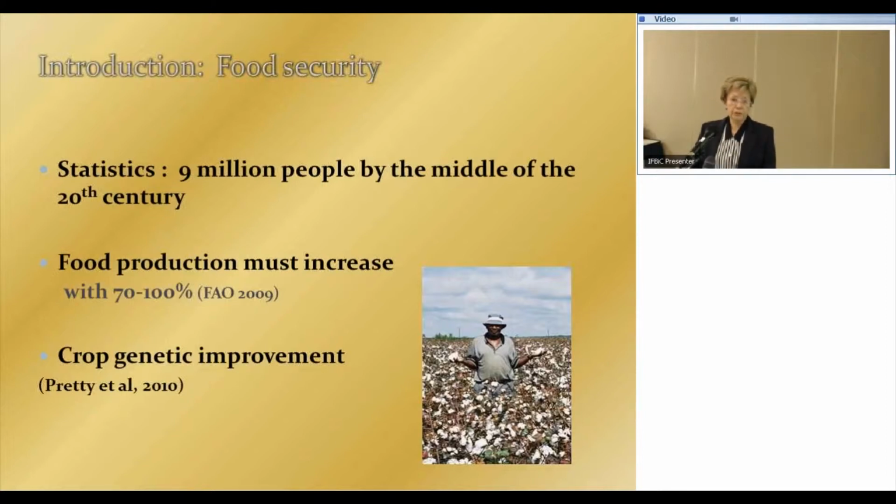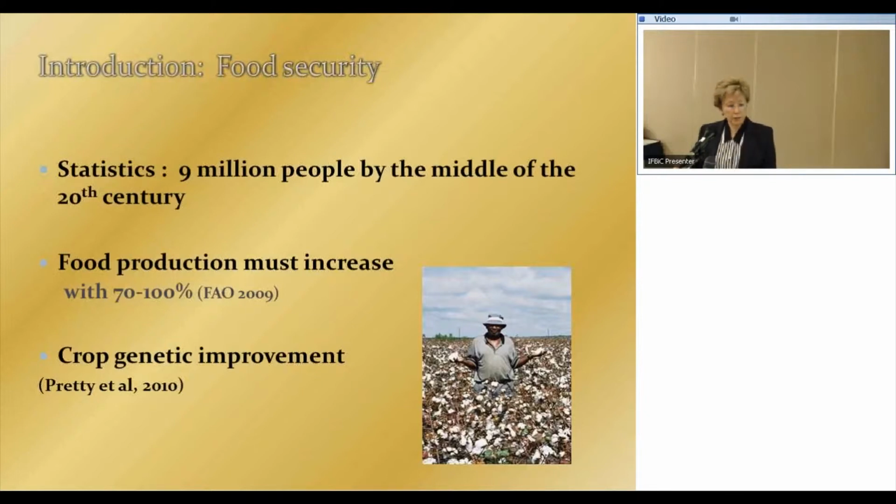The food scarcity and the need for food. The statistics tell us 9 billion people by the middle of the 21st century, and to meet that, the food production must increase by 70 to 100% according to FAO.